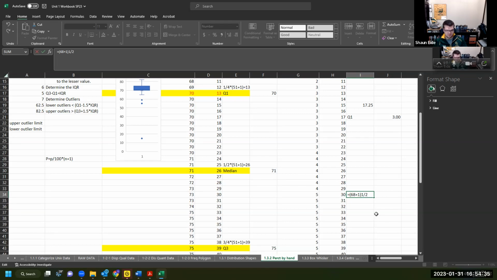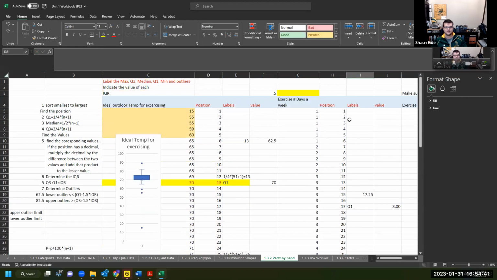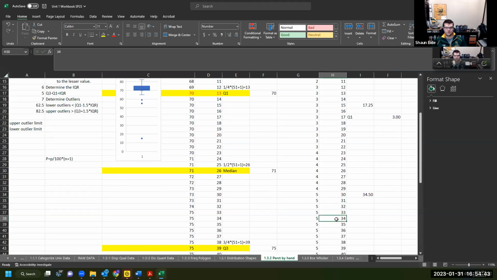So it's 34.5. So we're going to come down to the 34.5. Once again, both of them are just 5. So the median is the 34.5th value, and the actual value is just 5.